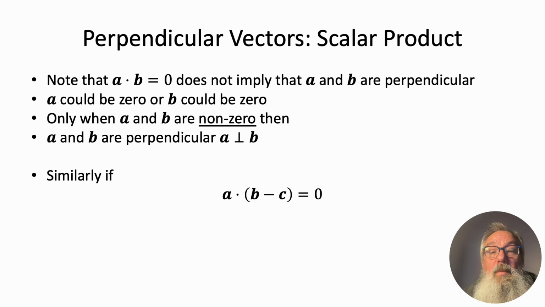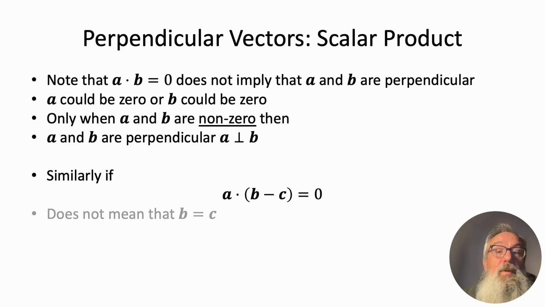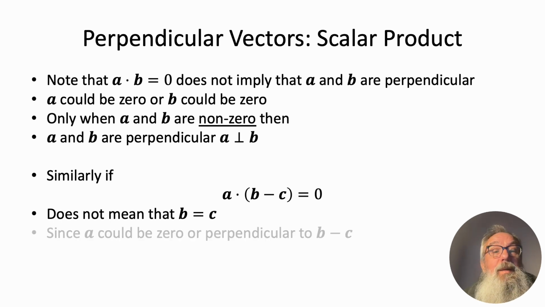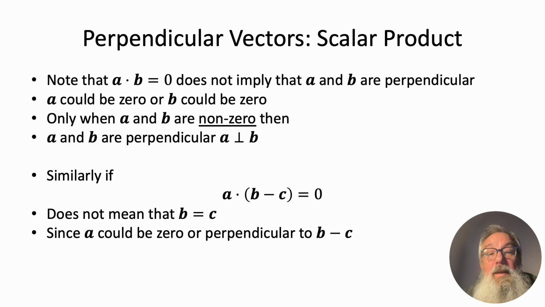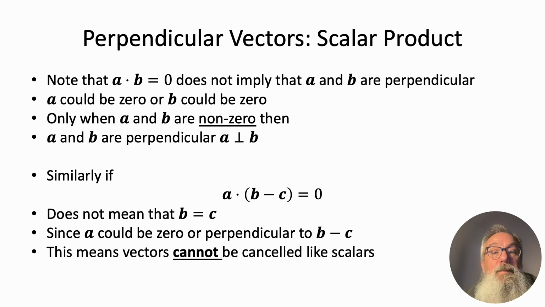So we can also look at when we've got 3 vectors, if we do A dot B minus C equals 0. Well, what do we know here? Doesn't mean that B is equal to C. We need to show that A could be 0 or B minus C could be perpendicular to A. So there's a little bit of checking to do when you're doing calculations for vectors at right angles to each other, perpendicular to each other.